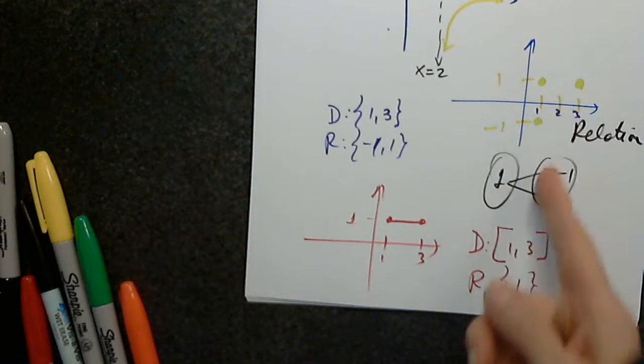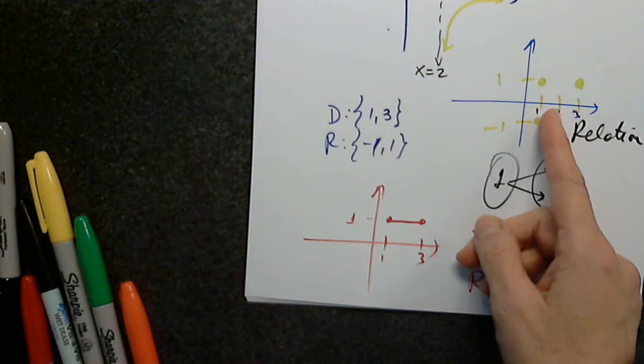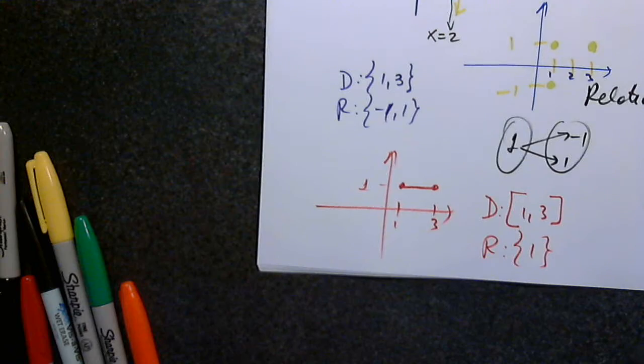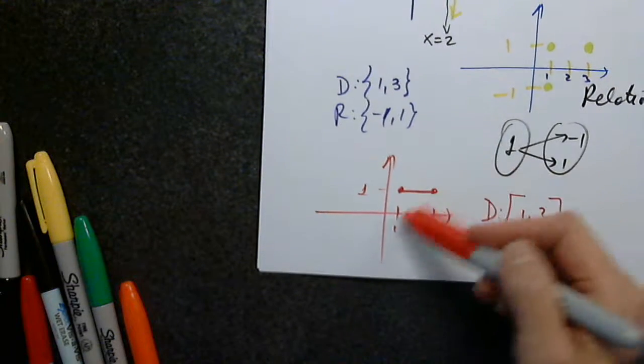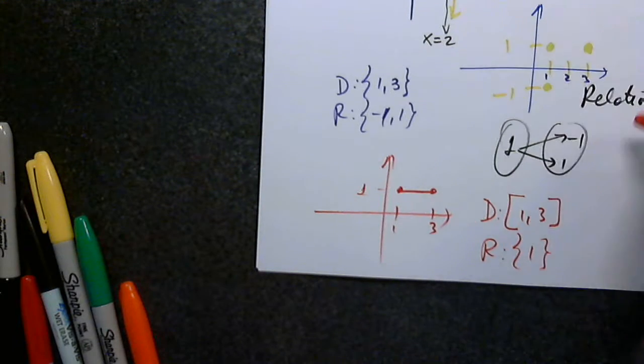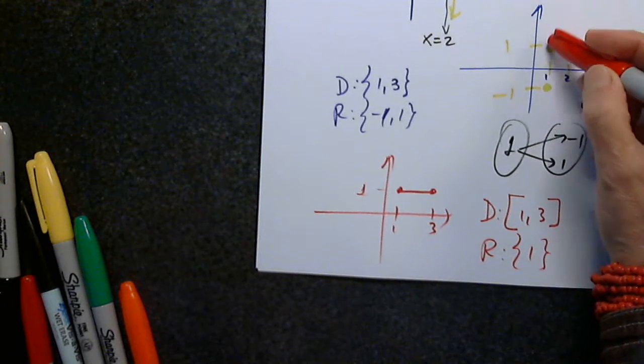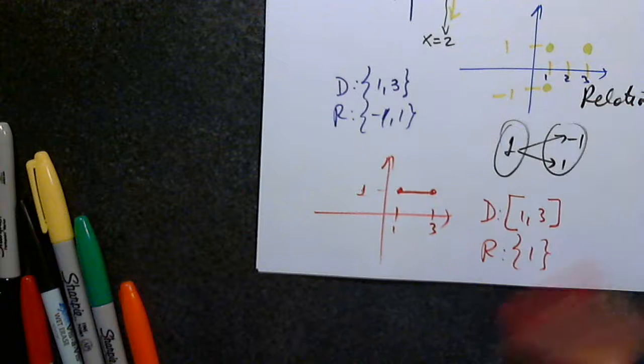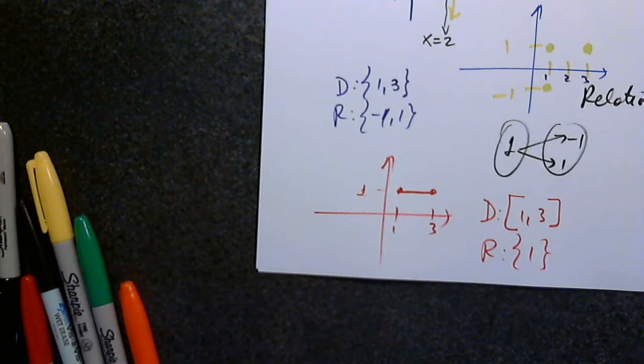The function doesn't exist when it's 2 or 2.1 or 2.3, but this one does. By the vertical line test, this function exists anywhere between 1 and 3. This one is a relation, first of all, but exists only at 1 and only at 3. You cannot connect the points if they're not given to you connected.